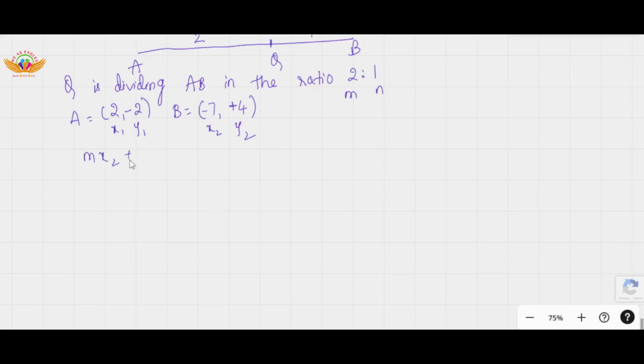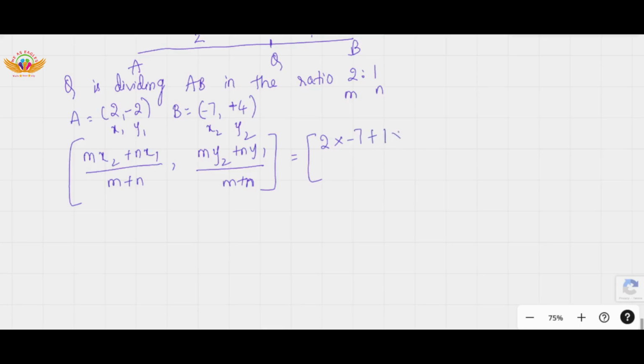m x2 plus n x1 divided by m plus n, comma, m y2 plus n y1 divided by m plus n, is equal to, what is m? 2 into x2 is minus 7 plus n is 1, x1 is 2, divided by 2 plus 1, comma, 2 into y2 is 4 plus 1 into y1 is minus 2, divided by 2 plus 1.